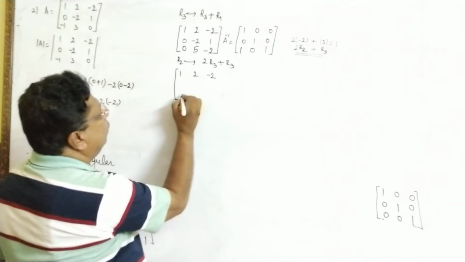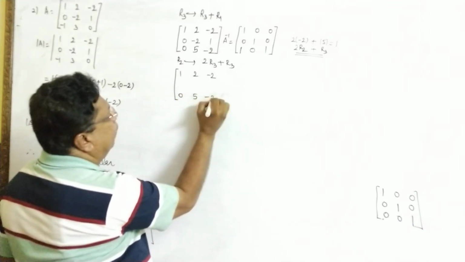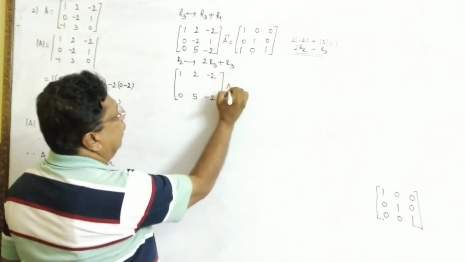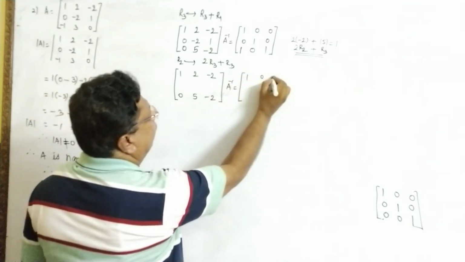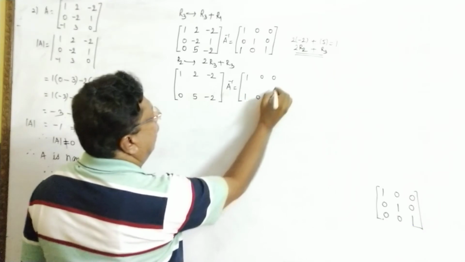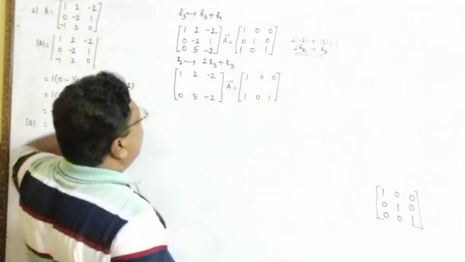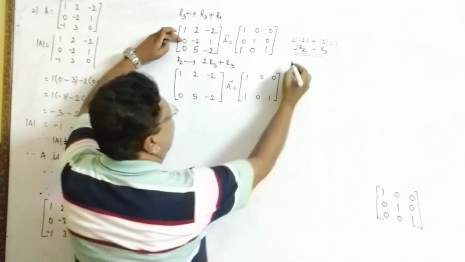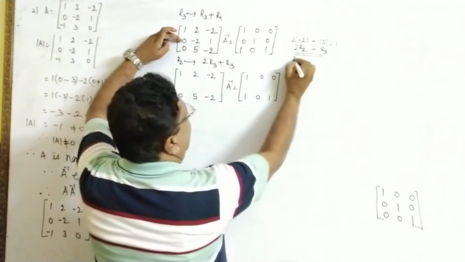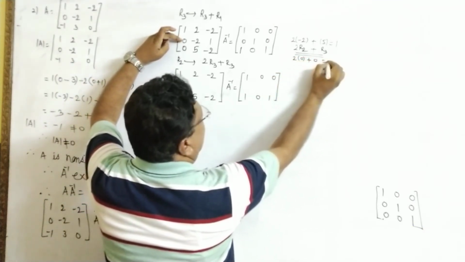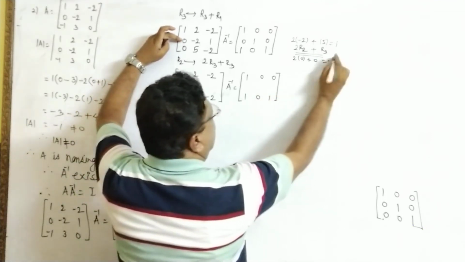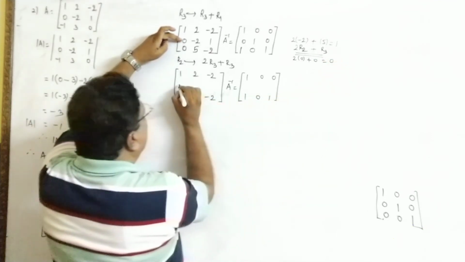1, 2, -2. 0, 5, -2. A inverse: 1, 0, 0, 1, 0, 1. Now this element, 2R2: 2 into 0 plus 0 is equal to 0. This element is 0.